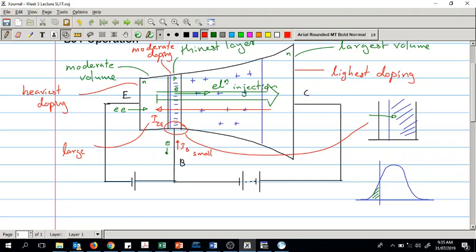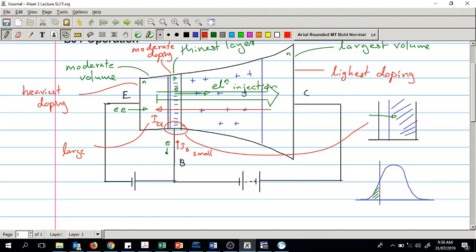Now you know that F equals ma, so a certain force is there. Electric field means force. So constant force, therefore constant acceleration, and the velocity increases. The larger the distance it travels, the larger the ultimate velocity would be.